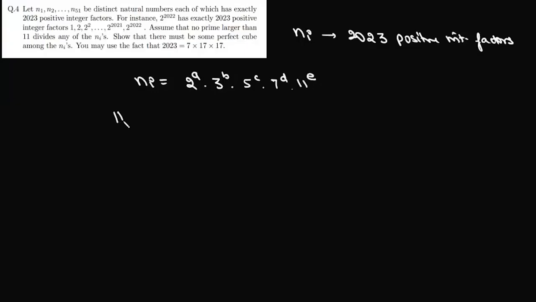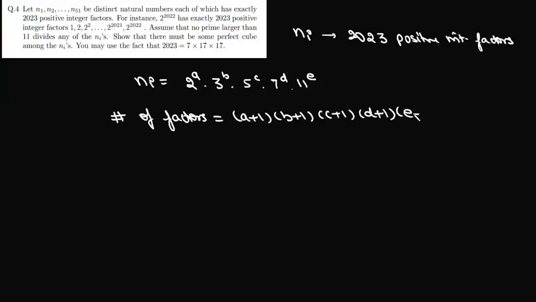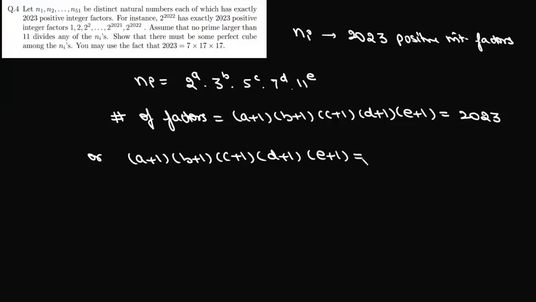Now, in this case, the number of factors is given by (a plus 1) into (b plus 1) into (c plus 1) into (d plus 1) into (e plus 1), and that is equal to 2023. So (a plus 1)(b plus 1)(c plus 1)(d plus 1)(e plus 1) will be equal to 7 into 17 into 17.